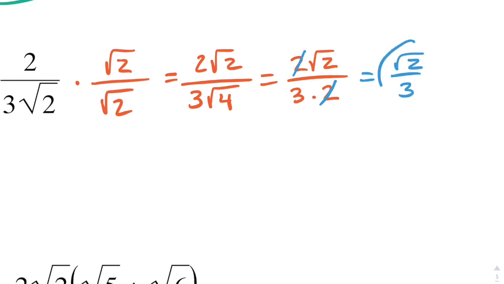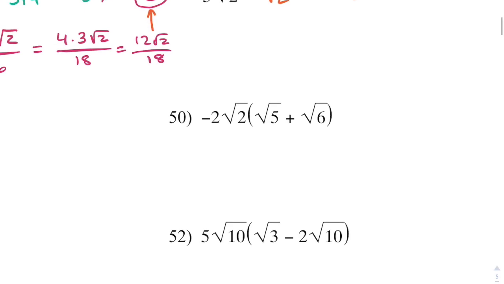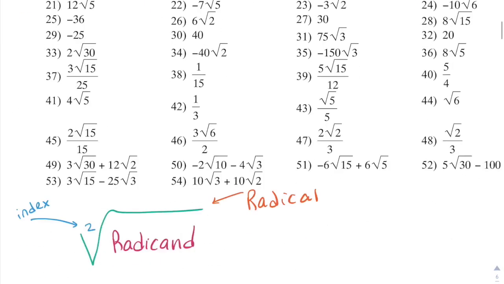And we're done. The key when you're doing division is to always get rid of that radical from a denominator. We do not want a radical in our denominator. I'm going to add that to our notes. We do not want a radical in our denominator.